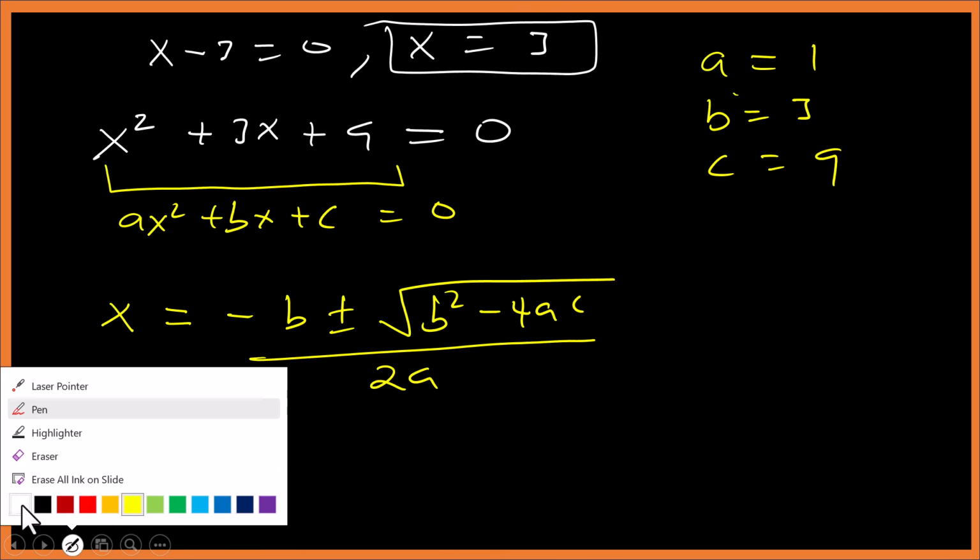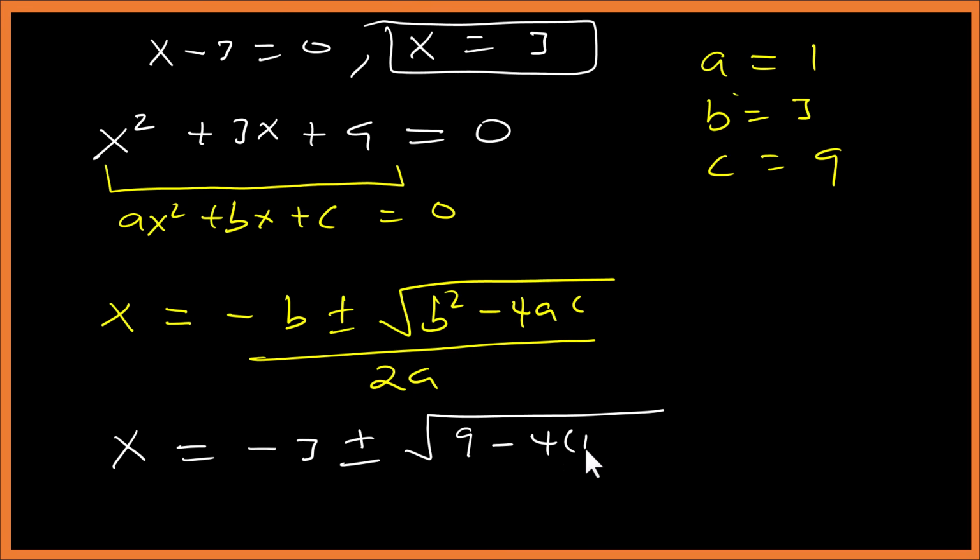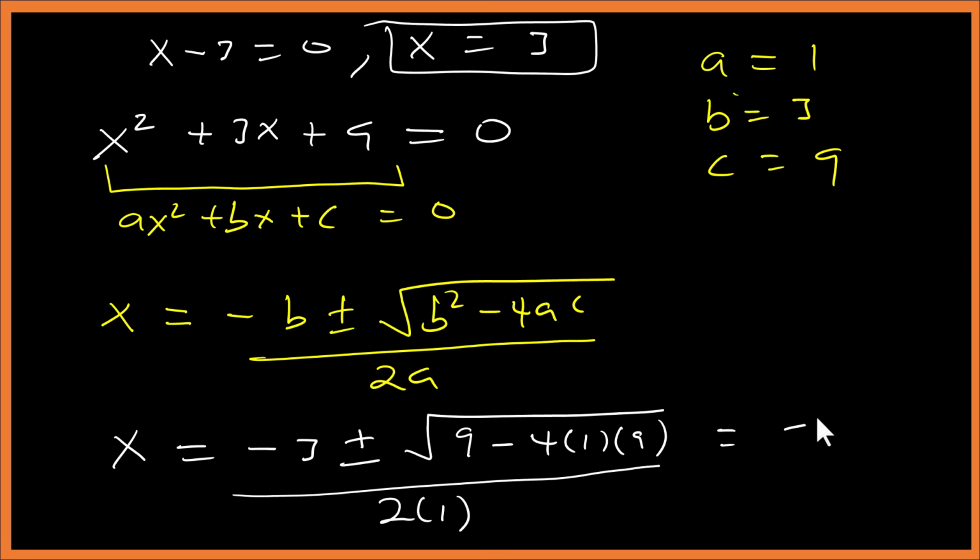So this will be minus 3 plus or minus the square root of 3 squared, 9, minus 4 times 1 times 9, on 2 times 1. That will be minus 3 plus or minus the square root of 9 minus 36, on 2.